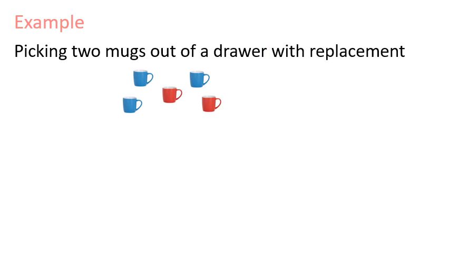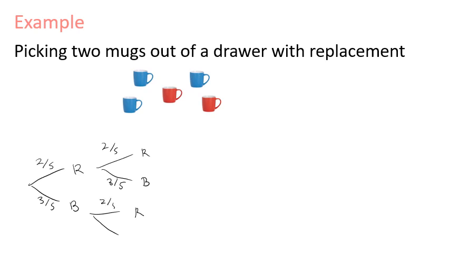Picking two mugs out of a drawer with replacement. So if we've got with replacement, we're putting them back in. So we're either getting a red or a blue where it's 2 out of 5 and 3 out of 5. And we're putting the mugs back in. So the probabilities stay the same, 2 out of 5, 3 out of 5. So write out the formula.